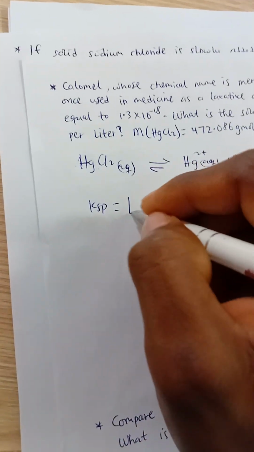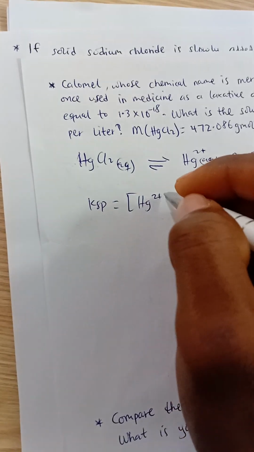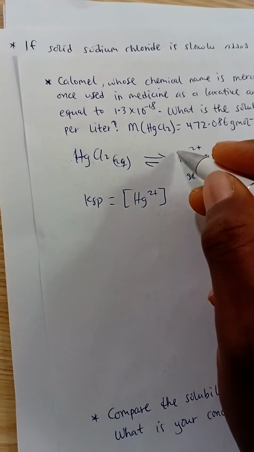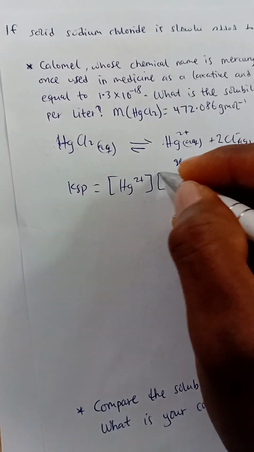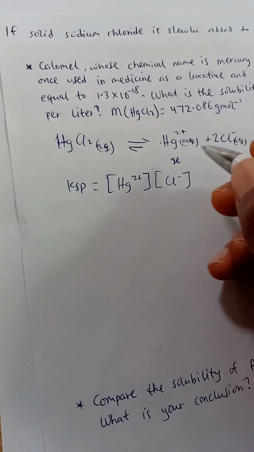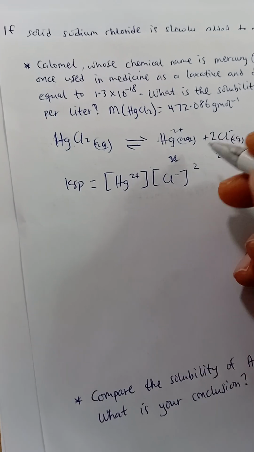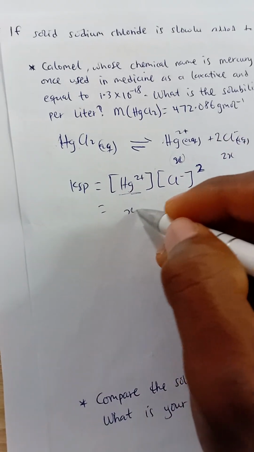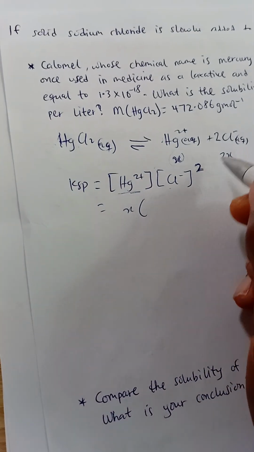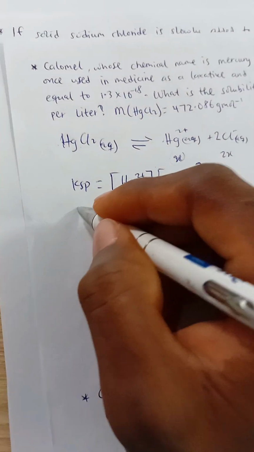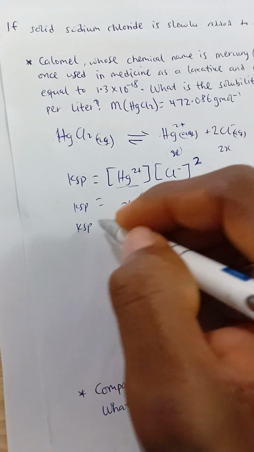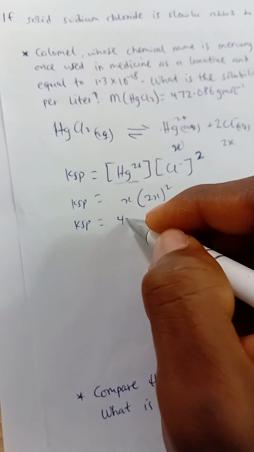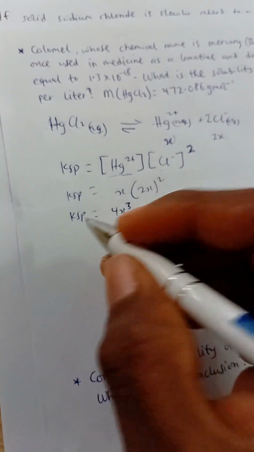Now Ksp equals the concentration of the Hg2+ raised to the power its coefficient is 1, multiplying the concentration of the Cl- raised to the power its coefficient is 2. This concentration is here x, multiplying this concentration here, 2x squared. So Ksp equals 4x cubed. We have to find the solubility first.